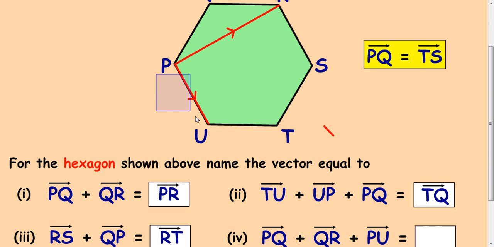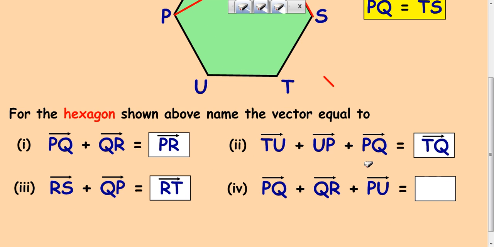Again, rearrange nose to tail. So we could do that, and then you're going straight across P to S, and that would be your answer.